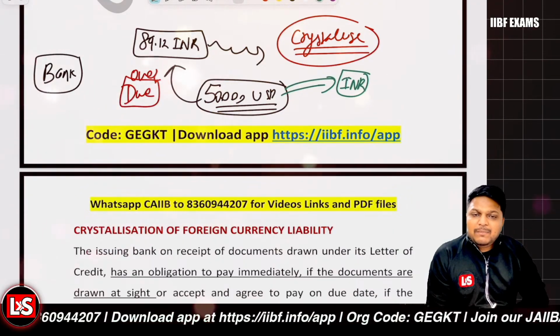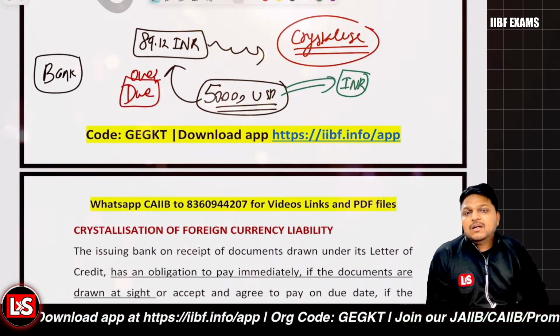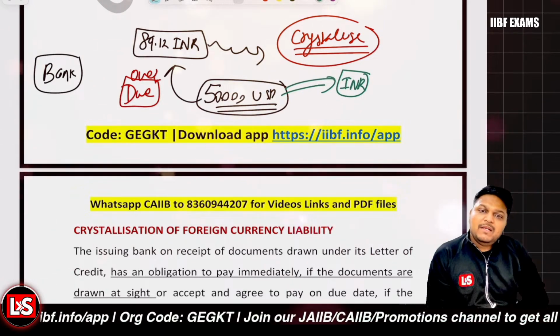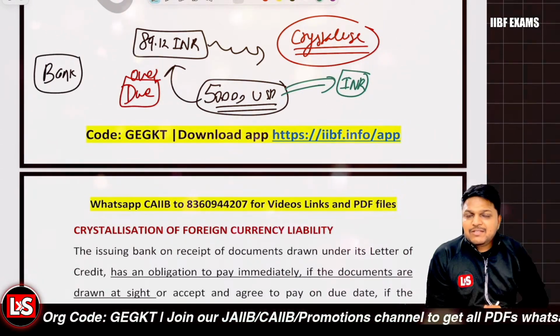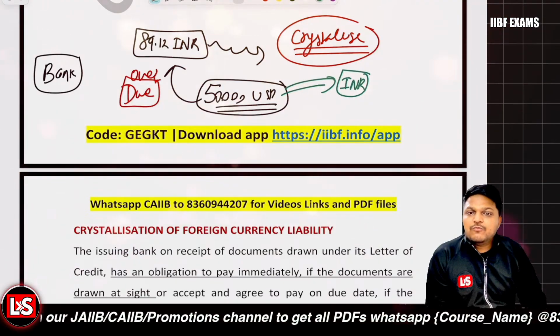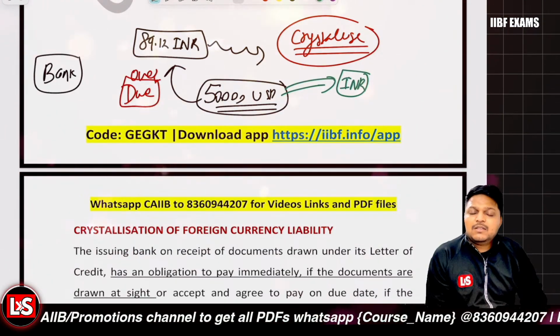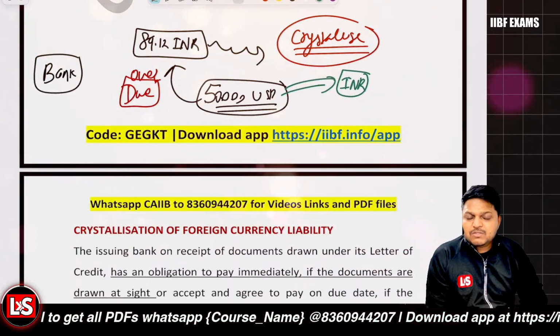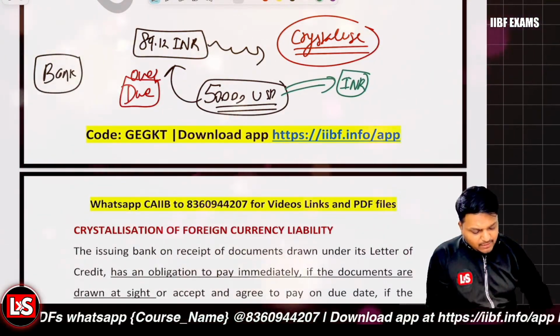The liability that was to be paid in USD now becomes payable in INR. The exchange rate fluctuation risk is going to stop, because exchange risk won't be there. And further, it becomes a funded exposure if it is unpaid.